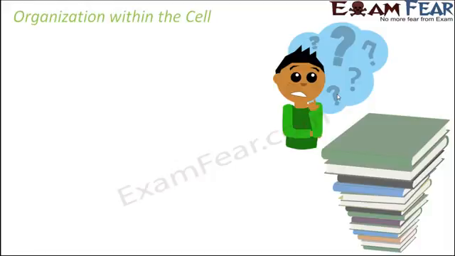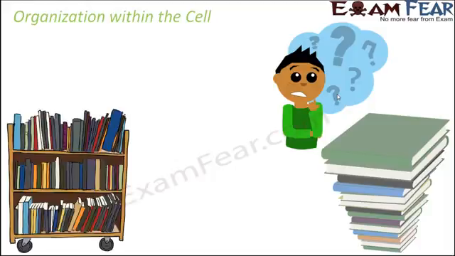Whereas in another case, let us suppose you have a rack where each shelf consists of books of a specific subject. For example, there are 3 shelves in the rack. The first shelf is for the maths books, the second shelf is for the physics books, and the third shelf is for the bio books.